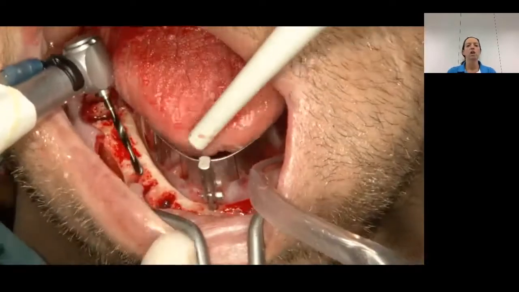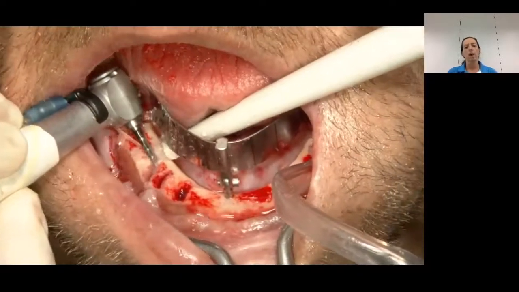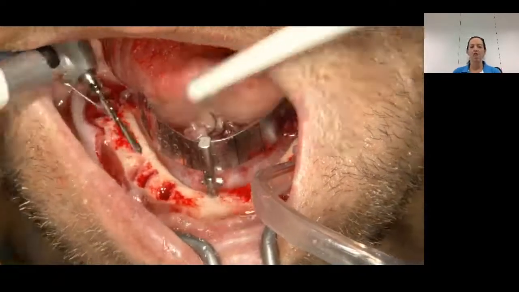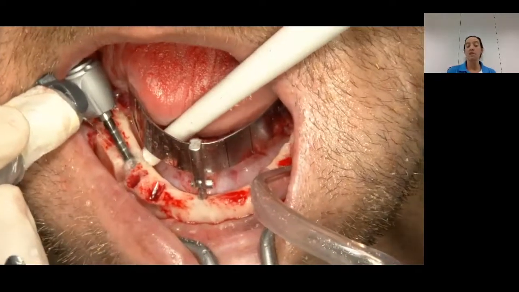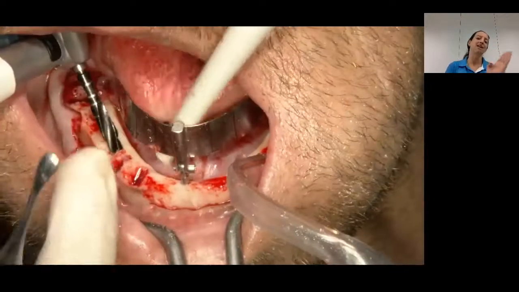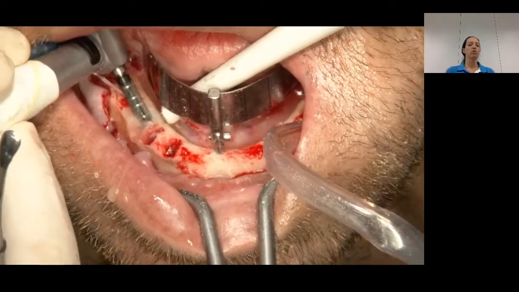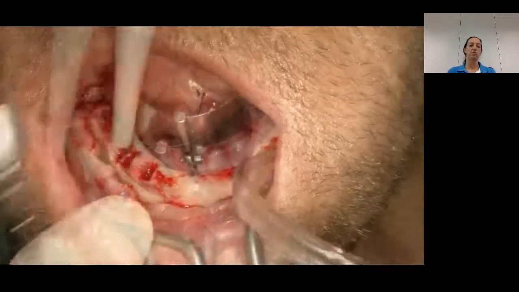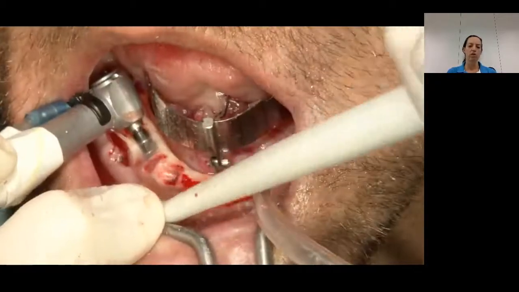When we place the guide, we check where the nerve is coming out, and we also check the loop of the nerve. So we have to probe the loop of the nerve to check where it's coming out, and then with the 45 degrees, check where you can start to drill your implant. So you check also if you have soft, medium, hard bone, and then you drill less or more according to that.